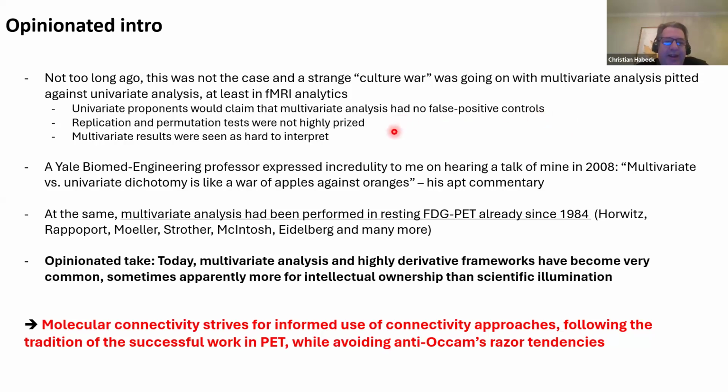And there were allegations, or almost accepted beliefs, that univariate proponents would always bring up: that multivariate analysis had no false positive controls, that often the non-parametric inference you needed because there were many more observables than observations, that they were highly suspect, that they were hard to interpret.